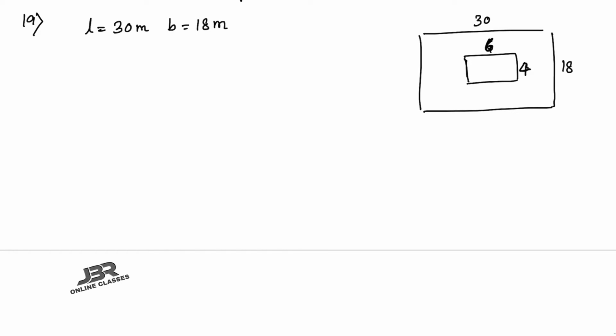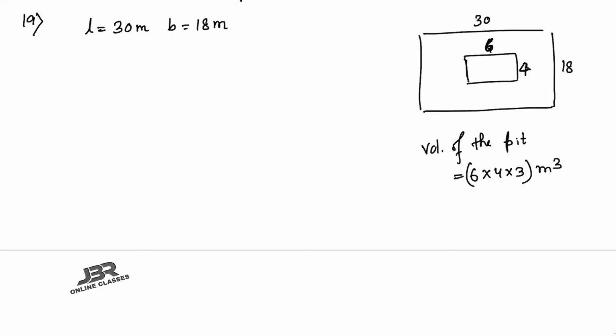Okay, so that means first here you have to find out the volume of that pit, that means the amount of earth. So here volume of the pit, that one equal to here 6 into 4 into 3 meter cube.